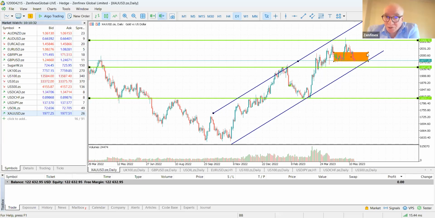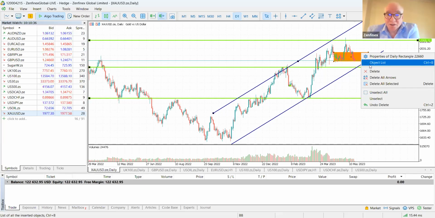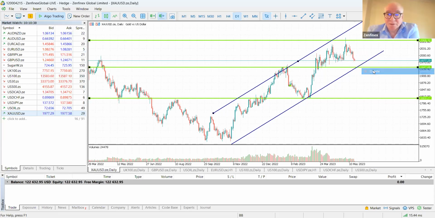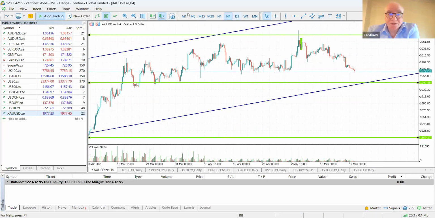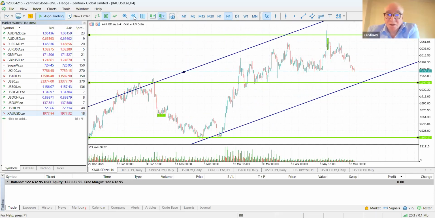So I'm actually going to remove this now, because I'm now more interested in some support levels. From a slightly longer term perspective, we had support here, we have resistance at the top here. So I'm going to go down to the 4-hourly and see if there are any possible trades that we can identify.